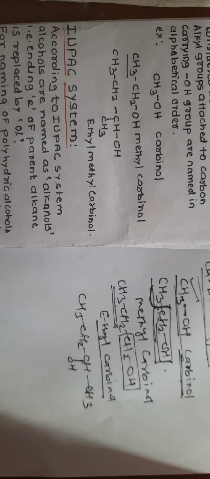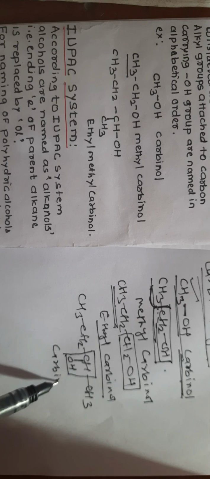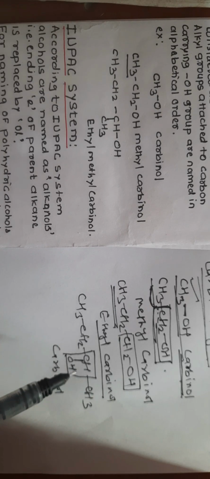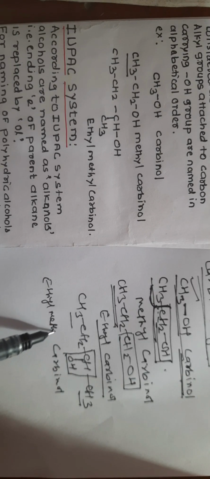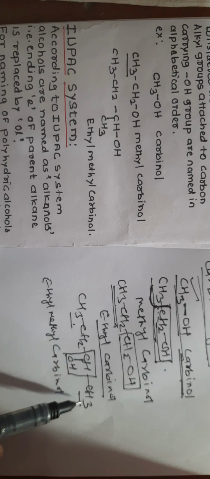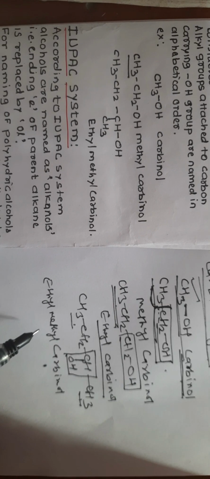It is sec-butyl alcohol. Now, according to the carbinol system, this much part is carbinol. हे झालं कार्बिनॉलचा ग्रुप आणि मग आता हे दोन अल्किल ग्रुप आहे तिथं. It is ethyl group, it is methyl group. Therefore, according to the carbinol system, the name of this alcohol is ethyl methyl carbinol. We have to write the names of the alkyl groups in alphabetical order. It is ethyl methyl carbinol.